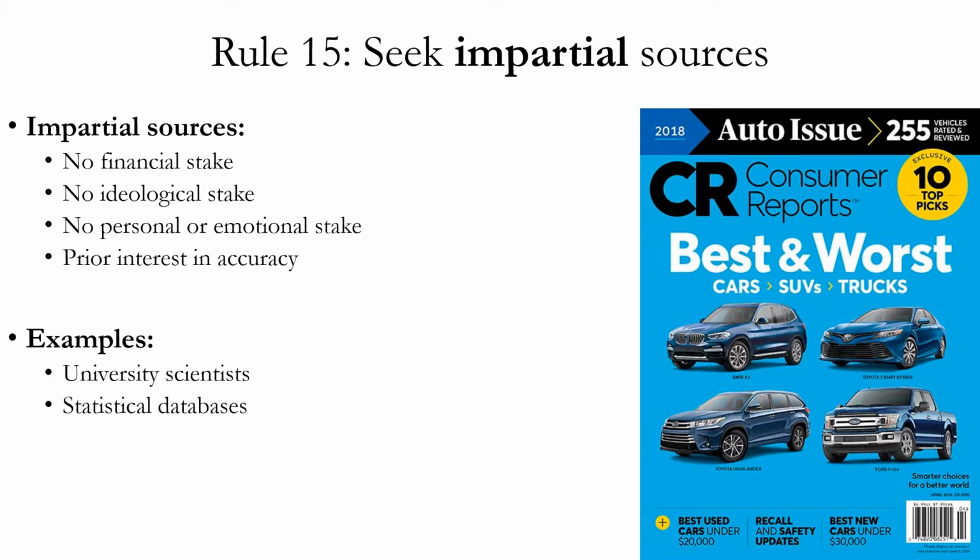Another type of source that's often impartial is a statistical database. Now, it could depend on who compiles the database, but oftentimes databases are compiled for use by a wide variety of researchers or organizations. So the compilers of the database have an incentive to be as unbiased, as impartial as possible to make that database as widely useful as possible.